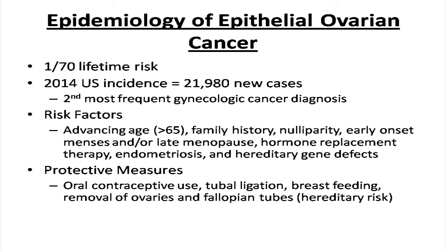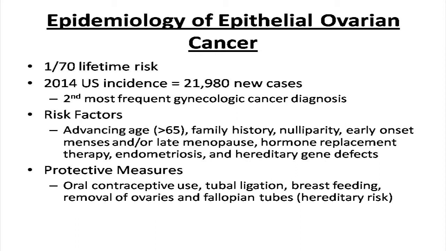This largely pertains to women taking only estrogen compounds, as progesterone estrogen combination hormone replacement is often protected by the progesterone effect. Patients with a history of endometriosis may be at increased risk, and of course women with hereditary gene defects in BRCA1 and 2, and perhaps other yet undiscovered gene mutations.